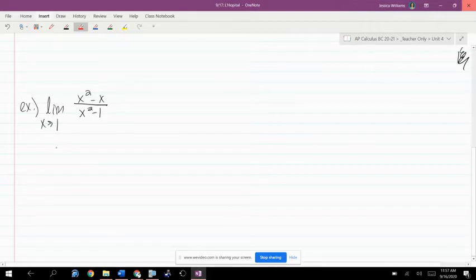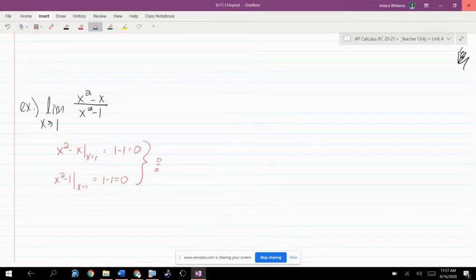So you've got to come down here, and you've got to be like, hey, this numerator, when x is 1, 1 minus 1 is 0. Oh, hey, this denominator, when x equals 1, 1 minus 1 is 0. And so this is a 0 over 0.